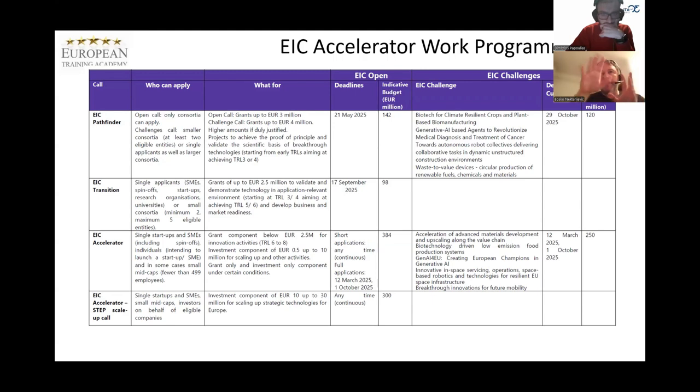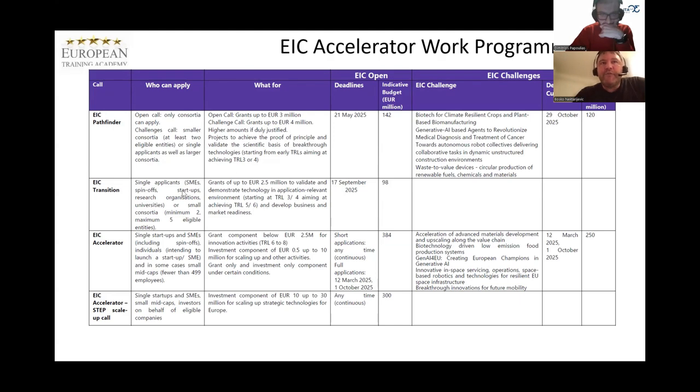So that would be pretty much the level where you're aiming at reaching TRL 3 or 4, which would be a validation, a demonstration, essentially. That you reach the level where you can demonstrate it in a lab, or in a relevant environment, for example, but that's it. And it's up to 3 million.